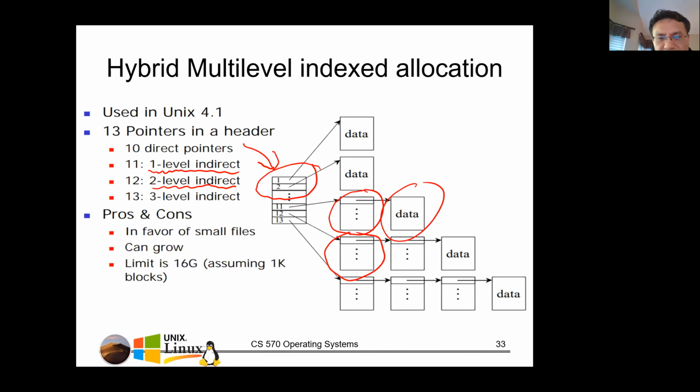Each entry in that table points to a single indirect table, and each entry of that single indirect table points to a physical data block. That's what we call double indirect. And what about a triple level indirect? It would follow this scheme.